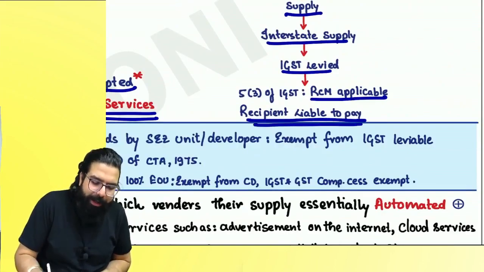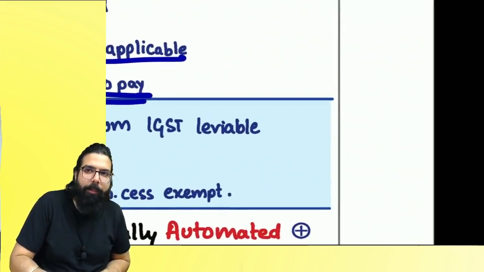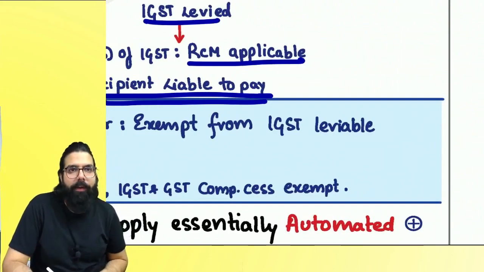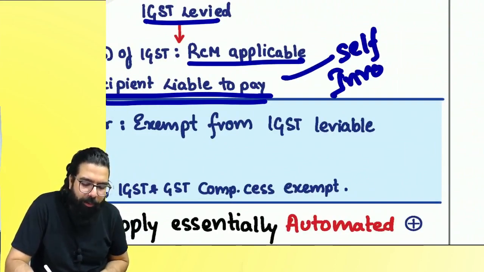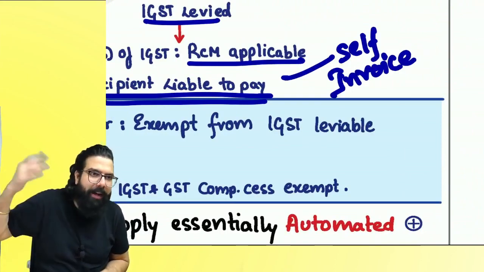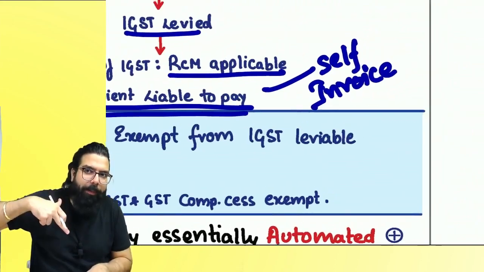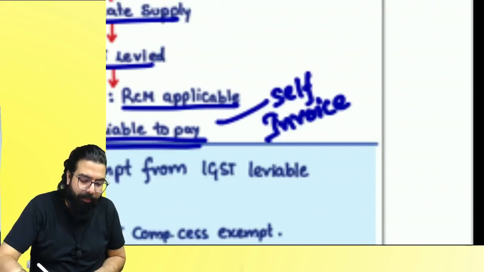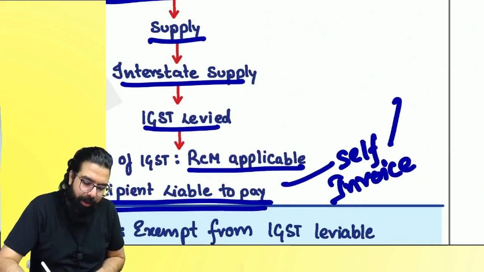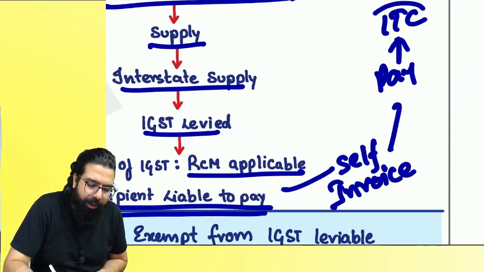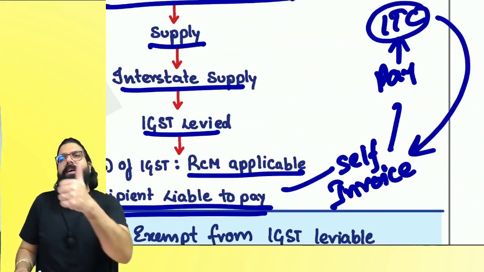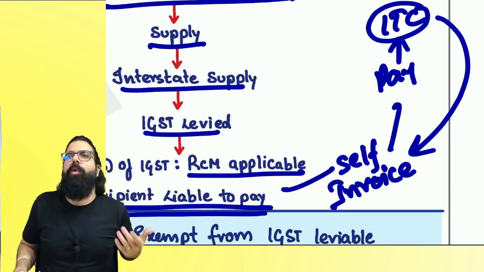After you pay, the recipient will be liable to pay. When he pays, how will he pay? He will first raise a self invoice, because the supplier is an unregistered person. You are liable to pay GST under RCM, so you will raise a self invoice. Then you will pay, and after paying, on the basis of the self invoice you can take the ITC. Can I go ahead, everyone?